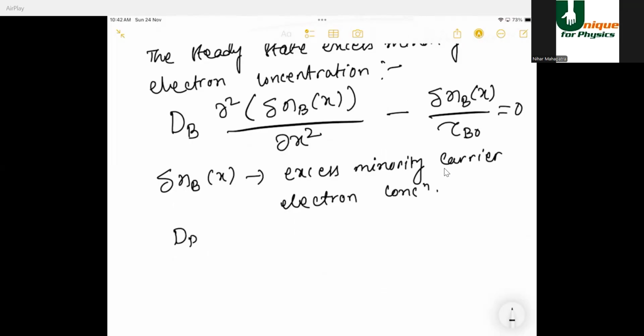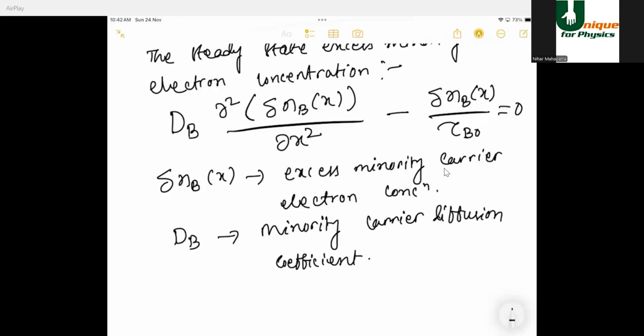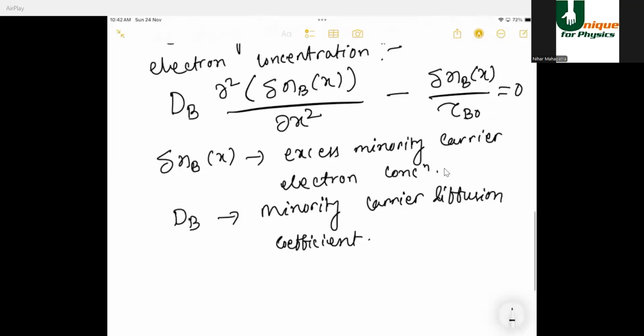Then DB is the minority carrier diffusion coefficient, that we have already discussed, what is diffusion coefficient, right? Okay, in PN junction, you can revisit what is that diffusion coefficient to understand it in detail.